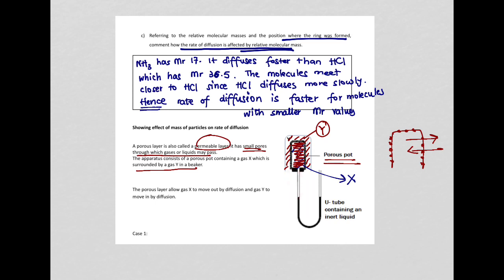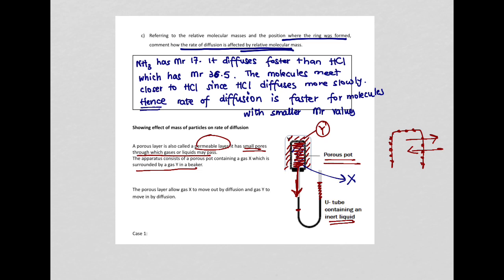This is normally water, or any inert liquid, meaning an unreactive liquid. Because of the pressure, it pushes down the level of the liquid on this side, which means that on the other side, on the right hand side, the level of liquid moves up.